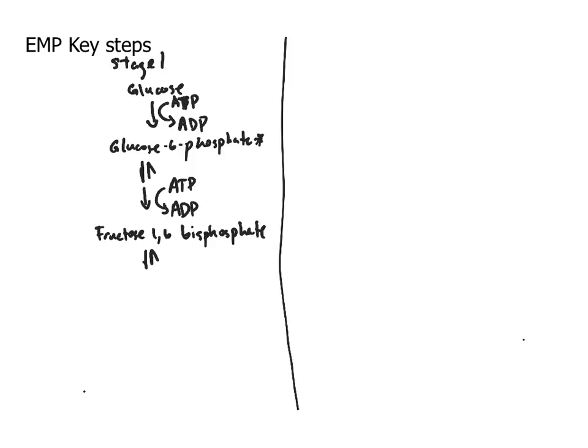Again, there are a few more steps, and at the end of stage 1 you end up with glyceraldehyde 3-phosphate. We'll often refer to this as G3P, but you end up with 2 of these. So this gets split here.